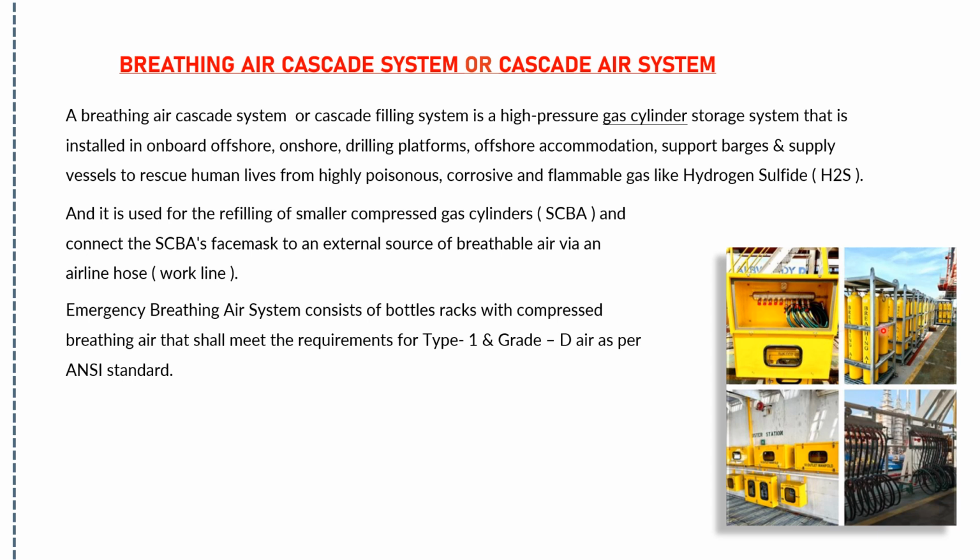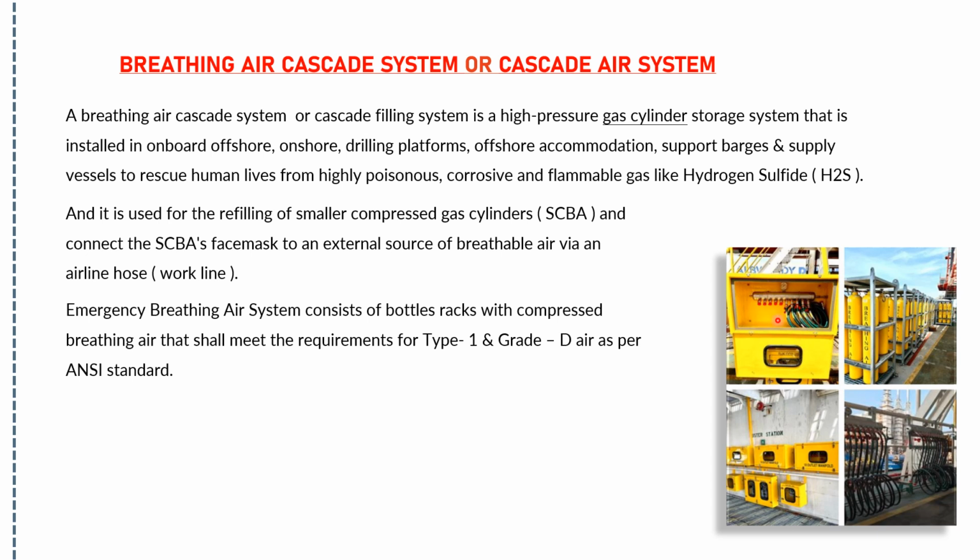Actually this is the rack, and there are the big cylinders, and these cylinders are filled by the compressor. Through the airline, the breathable air is supplied to the manifold.